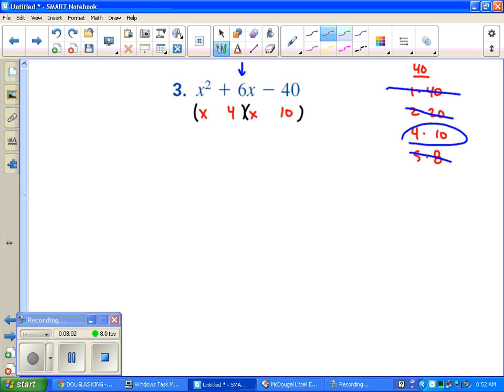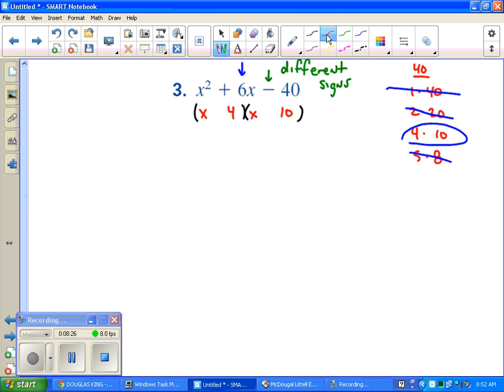Again, we don't know plus or minus yet. This sign, unlike 1 and 2, now it's negative. All a negative sign means is that you'll have different signs. That means one's going to be positive and one's going to be negative. 1 plus and 1 minus.